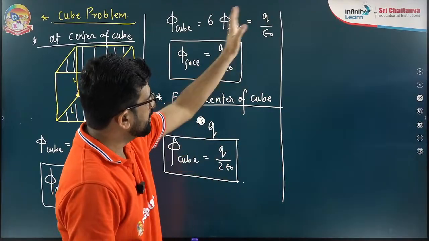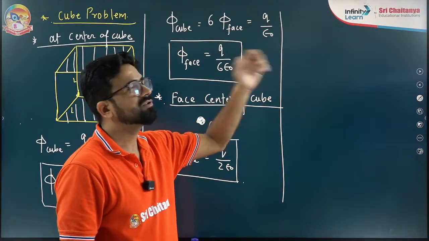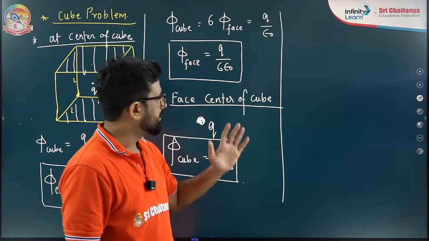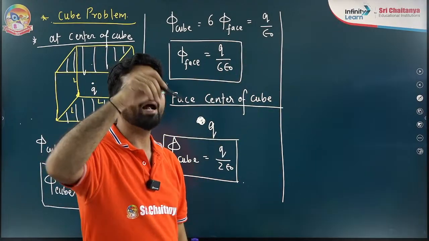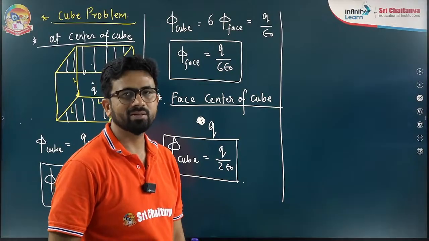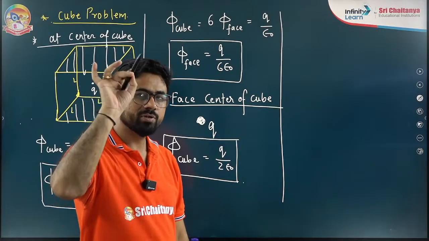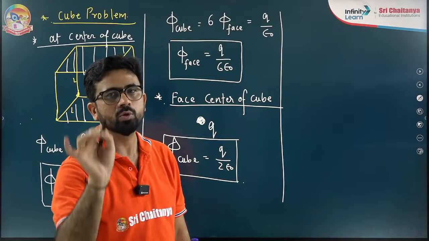Understood? But this wall is there. If I ask you what flux is associated with it, definitely no flux is associated with this wall. Wherever you place the charge on a surface, the flux associated with that surface is equal to 0.